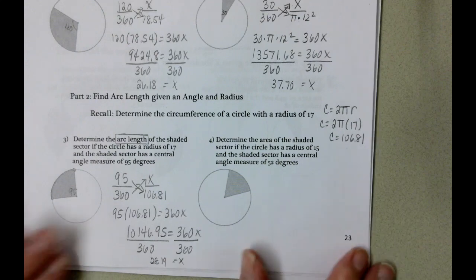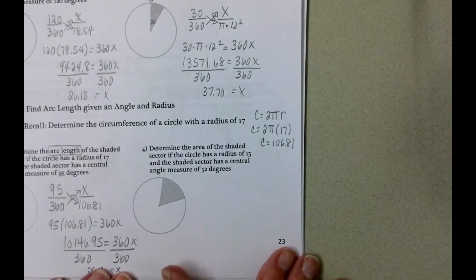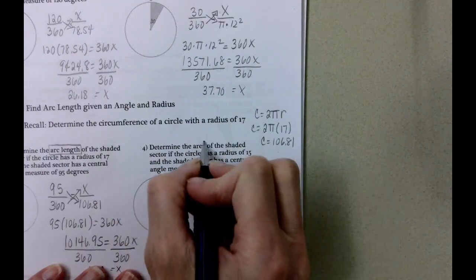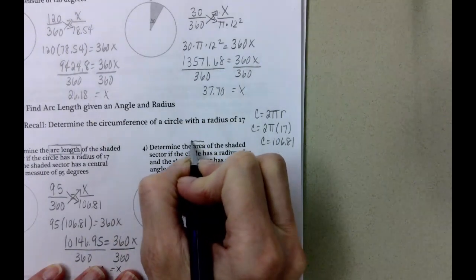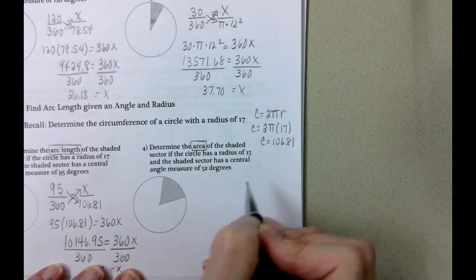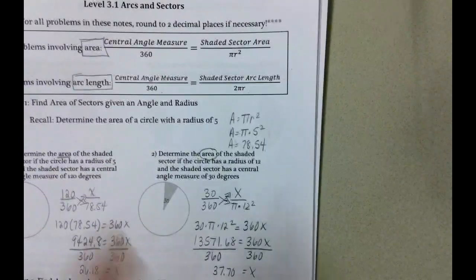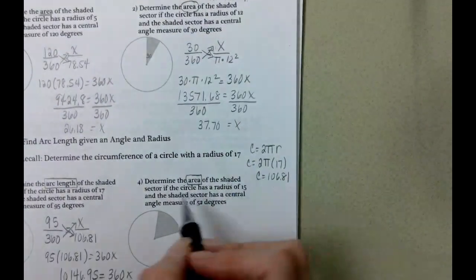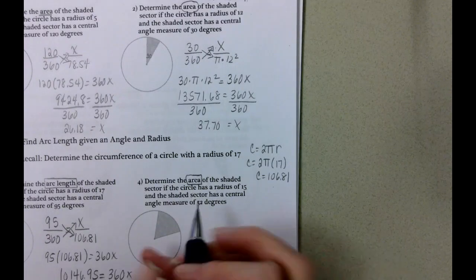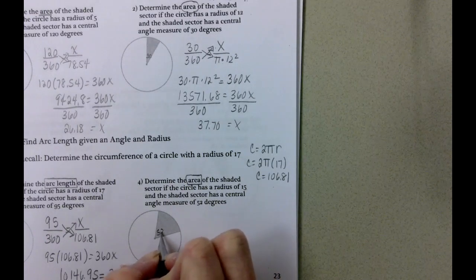Same idea on problem number 4. Determine the area of the shaded sector. So we have to look back up and use the right formula. So we're using area, the first one, and we have a radius of 15, and the shaded sector has a central angle of 52.